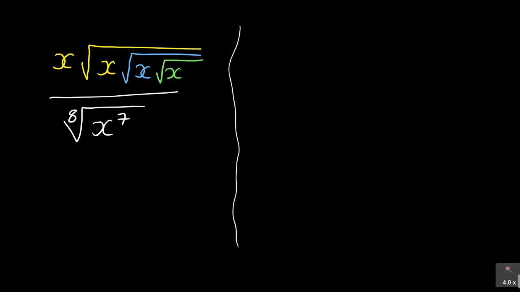Now first things first, I can start from the first one. It has only one root, which is in yellow. Remember, square root means to the power half. So the first x here in yellow is x to the power of half. And what about the one in blue?